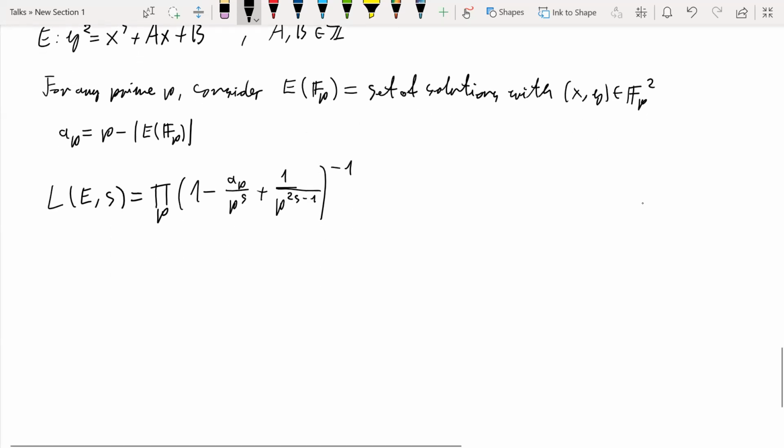However, it turns out that this L-function, or rather its analytic extension, still captures a lot of very non-trivial information about the global structure of our elliptic curve. Specifically, we have the following two conjectures, so they are still open.